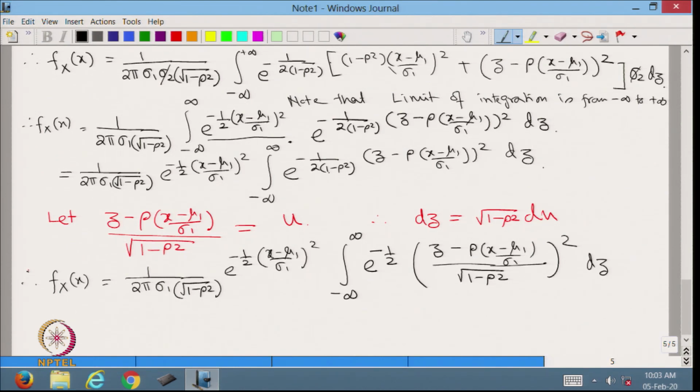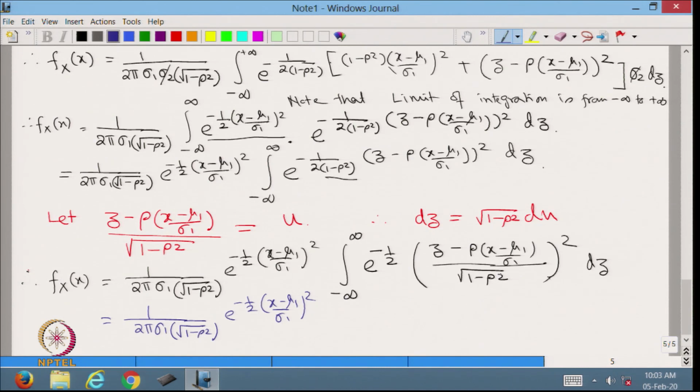So, what we have done? We have taken this inside the square, which we can write as 1 upon 2π σ1 root over (1 − ρ²) e to the power minus half into ((x − μ1)/σ1) whole square.